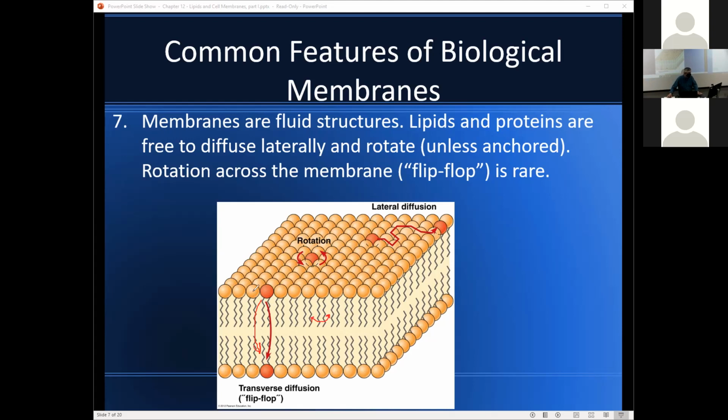The reason why flip-flop is such a rare occurrence is because, again, we have this very hydrophobic environment made up by the fatty acid tails here. So from the bottom of these polar heads to the bottom of these polar heads, we have this very hydrophobic environment. Now, the heads of the phospholipids, pardon me, are hydrophilic.